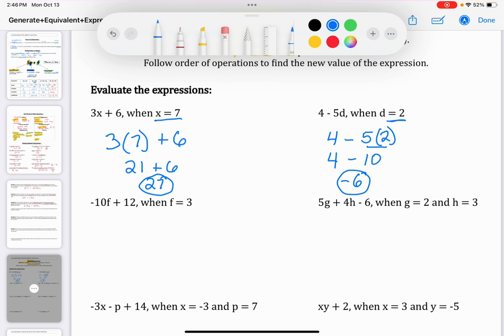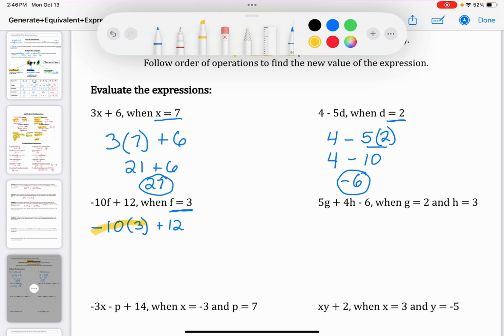All right, next one, negative 10f plus 12 when f equals 3. So first step, let's write out negative 10, and in place of f, let's put 3, plus 12.